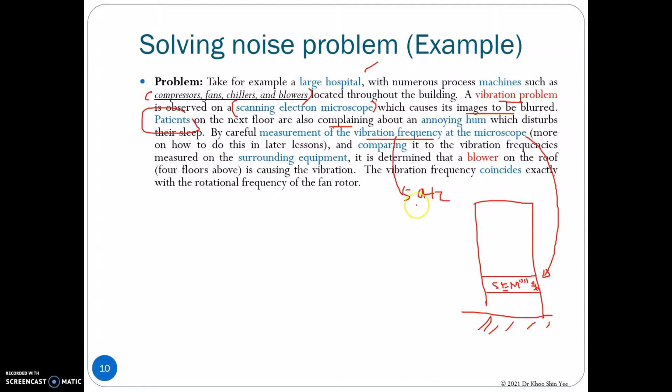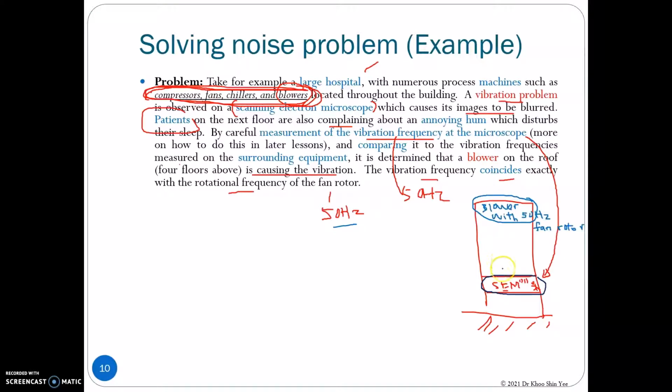Then they compared this vibration frequency to the surrounding machines, and they found the vibration frequency of the SEM microscope coincides exactly with the rotational frequency of the fan rotor of the blower, which is also equal to 50 Hz. The blower with the fan rotor of 50 Hz running speed is located at the roof, 4 floors away from the SEM microscope and also the patients.